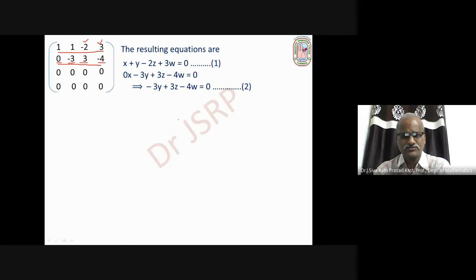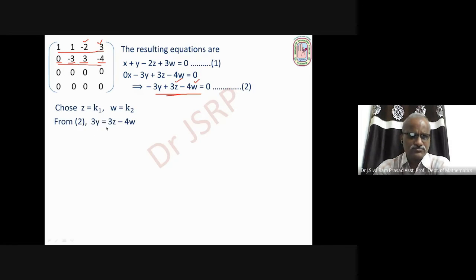This is equation 2. Now we choose two variables as arbitrary constants. You can choose any two variables. Here, from the second equation, choose z and w as arbitrary constants. So choose z equal to k1 and w equal to k2. Now substitute these in the second equation.